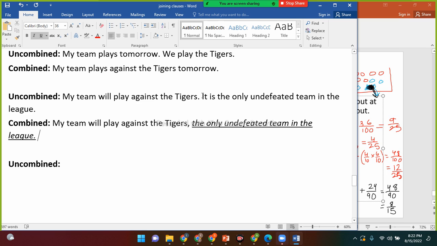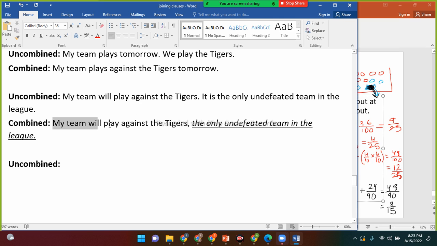But what you probably have done is you take two things that are complete thoughts and you put them together, and that's a comma splice. So we don't want to do that. You want to frame it in such a way that one of them doesn't stand on its own.